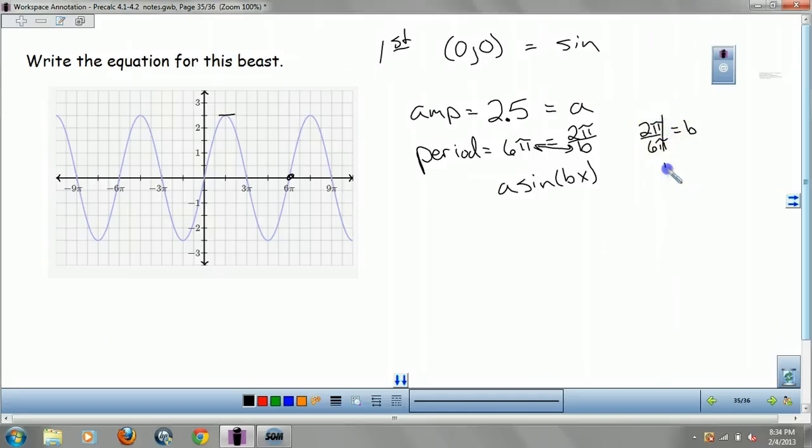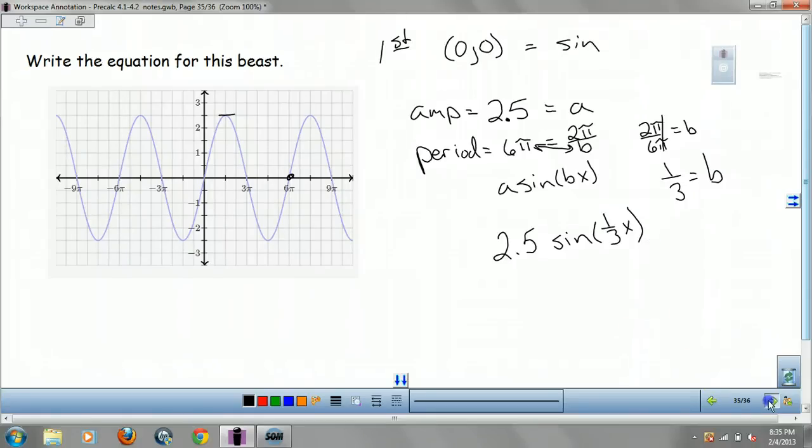Pi's cancel. 1/3 equals b. We have our a, we have our b. The graph is 2.5 times sine of 1/3 x. That's all there is to it. Maybe we'll do a few more of these in class because they're actually pretty quick and easy to make up. And we got one more, we're going to call it good.